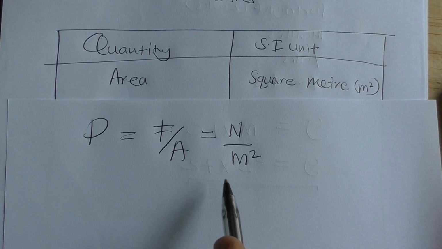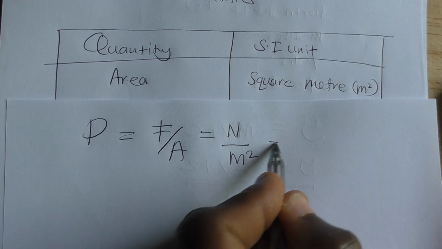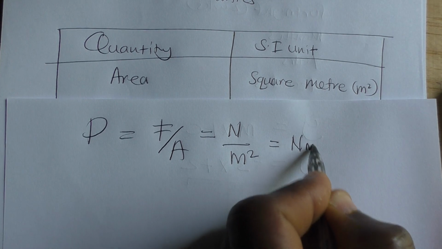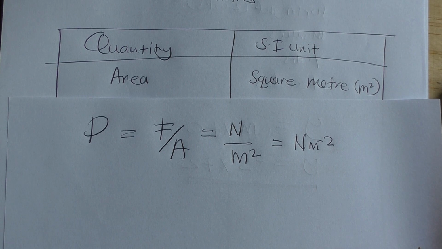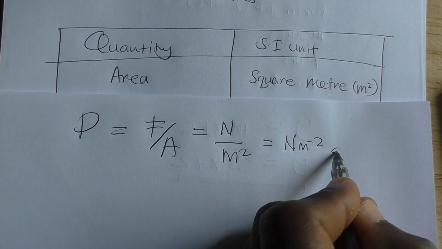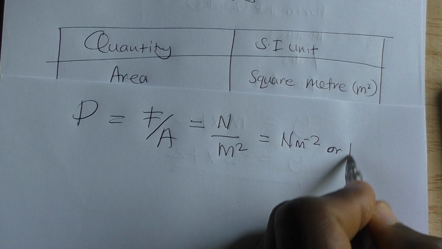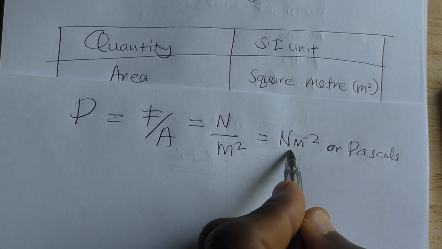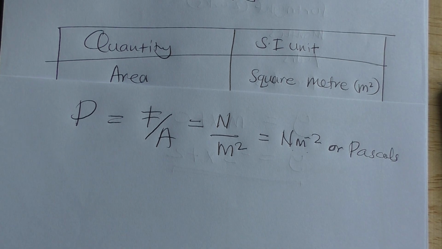Therefore, the SI unit of pressure is Newton per square meter. These can also be combined together to have pascals. So we can use Newton per square meter or pascals.